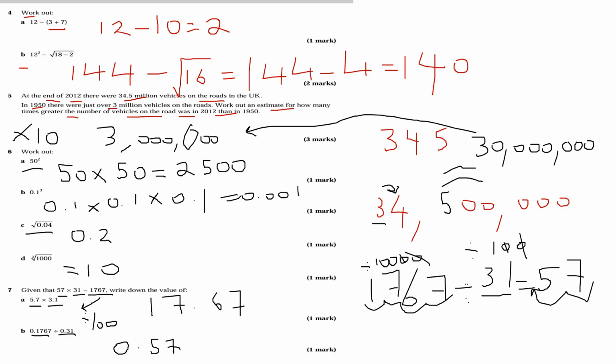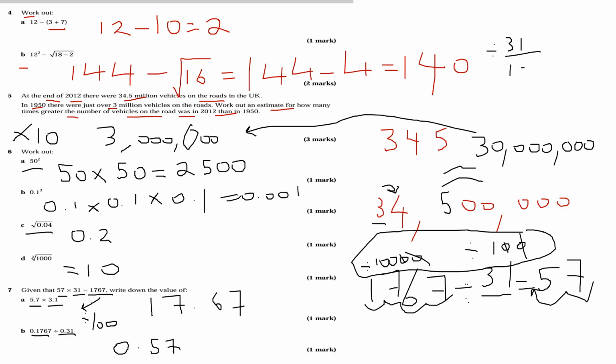Essentially, I'm dividing the overall sum by 100 to keep that in line. I hope that makes sense. Dividing by a decimal between 0 and 1, your answer gets larger, because you're dividing by 31 hundredths.